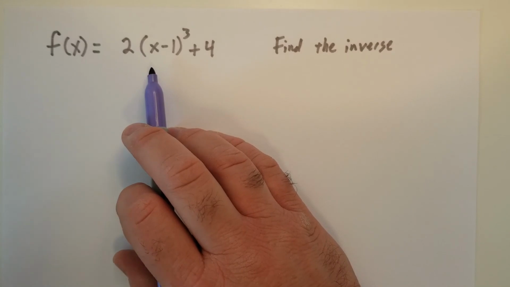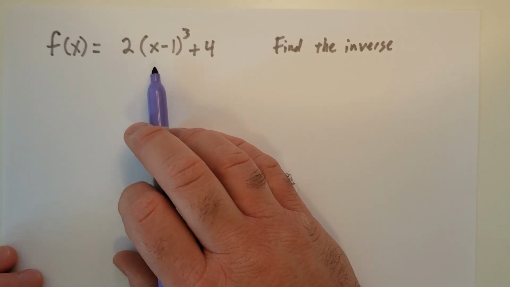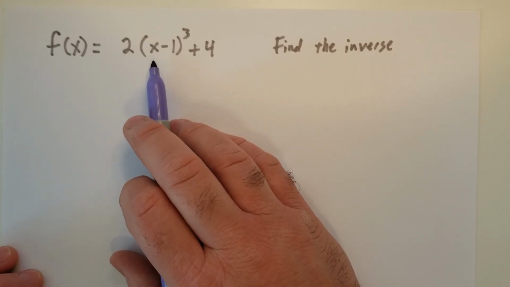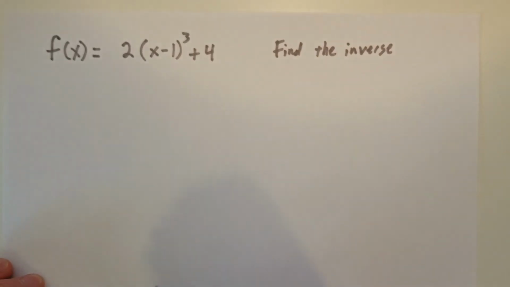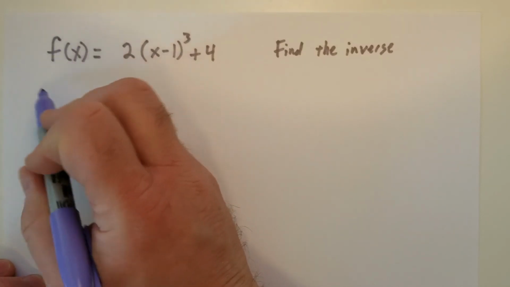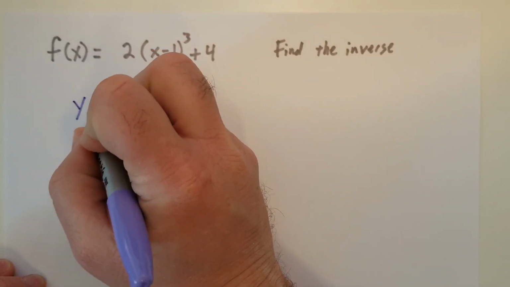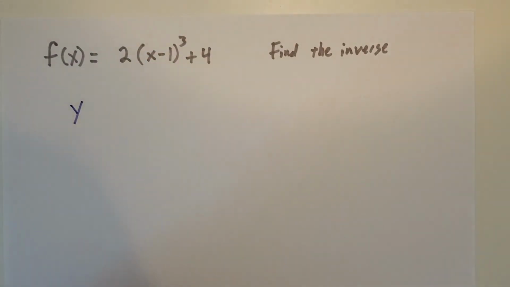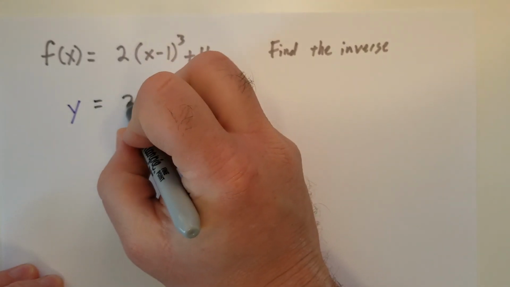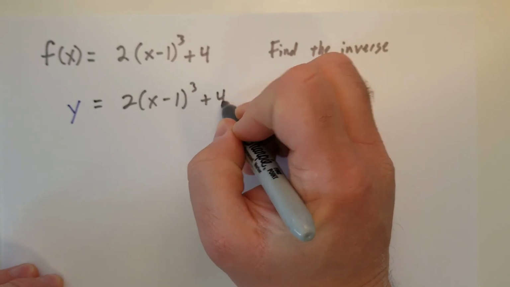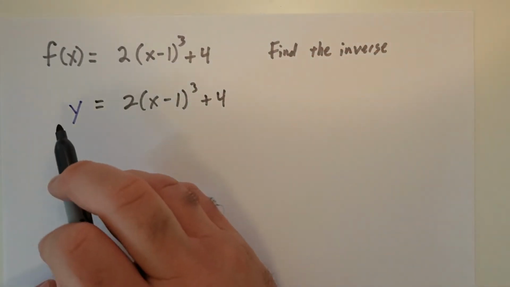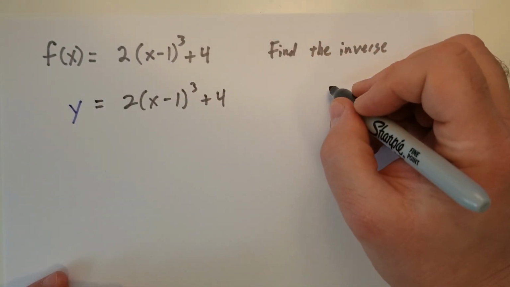That said, we can still find the inverse of this equation. This we're going to plug in x and find out y. The other version we're going to plug in y and find out x. And keep in mind that f of x is just a fancy way of saying y. So we're going to call this y equals (2x minus 1) cubed plus 4. And again, we're looking for the inverse equation.